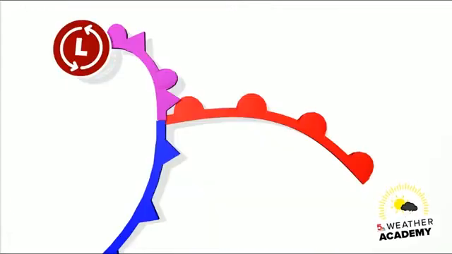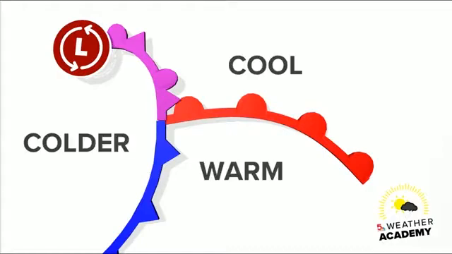When a storm system gets wound up, we have 3 basic types of fronts that go along with that. They separate the cool air, which is north of a warm front, which is shown in the red here, from the warm air on the south side of the front usually. Then we have the blue line, which indicates a cold front, and that separates colder air from warm air.